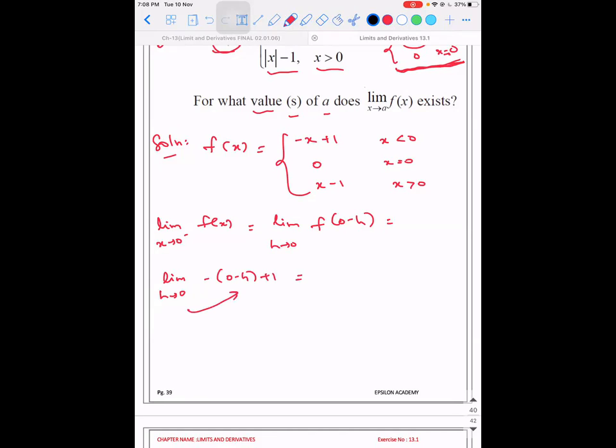So when I substitute the 0 here, I'll get the answer as 1. Similarly, limit x tends to 0 plus f of x is equal to limit h tends to 0, f of 0 plus h. What will you get? Again, substituting the limit, you will get minus 1.